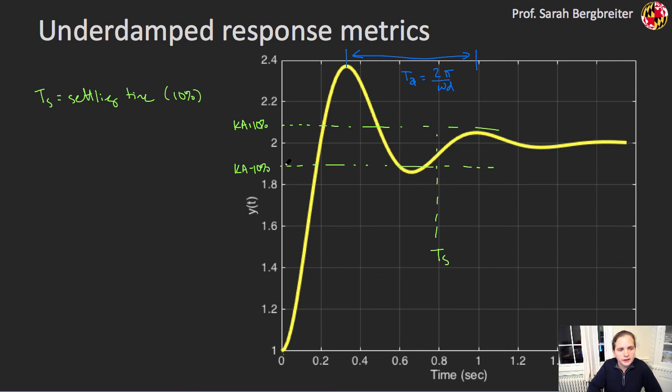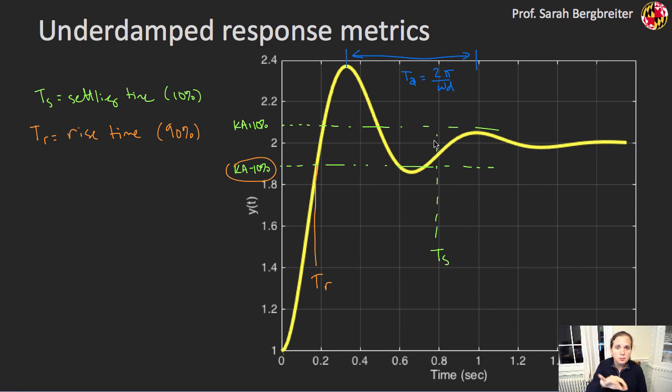I also define the rise time as the point at which I'm at 90% of my total step height, which would also be here in this case. So this time right here would be my rise time. So TR is my rise time. And I can also get some sense of the number of peaks, which will give me some sense of that exponential envelope, and that would give me my damping ratio as well.